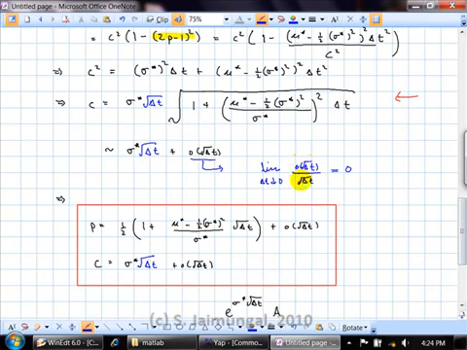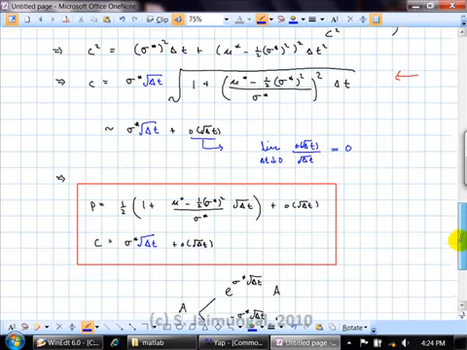So in all of these things here, in fact, there are square roots. So it's little o of square root delta T, stuff that goes to 0 faster than square root delta T. Little o of square root delta T divided by square root delta T is 0. You can fill that in on your own.